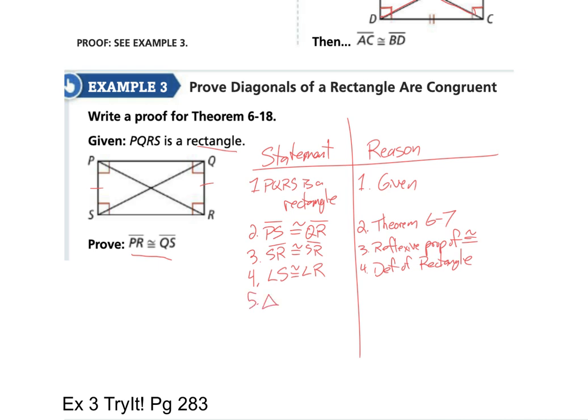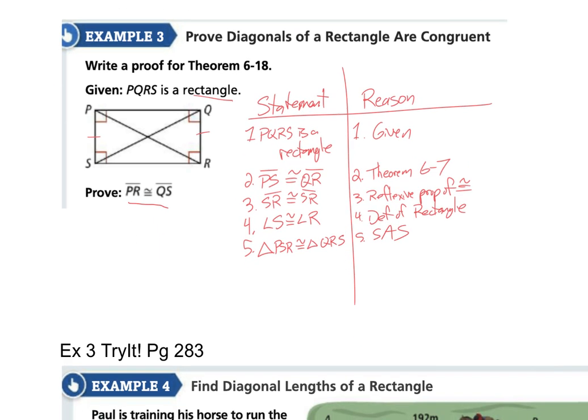And now I have enough to say that triangle PSR is congruent to triangle QRS by side, angle, side. And so if the triangles are congruent, then PR is congruent to QS by CPCTC.